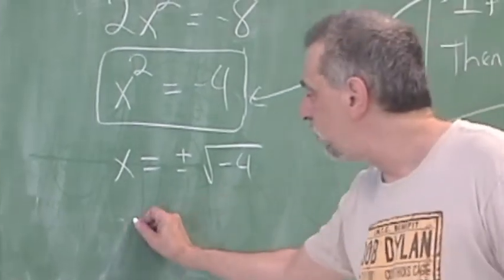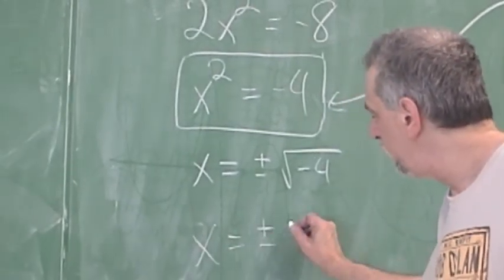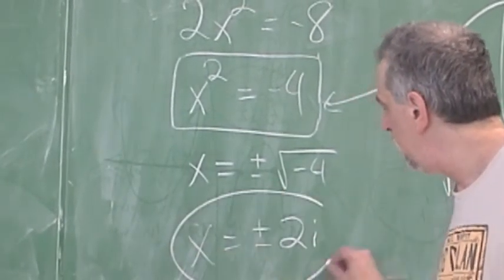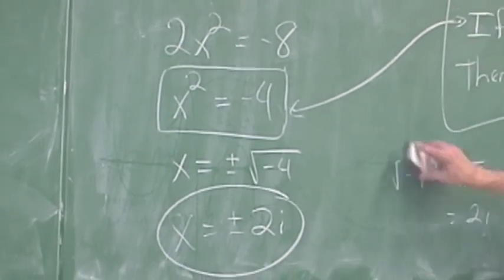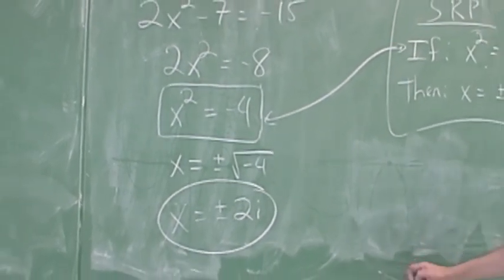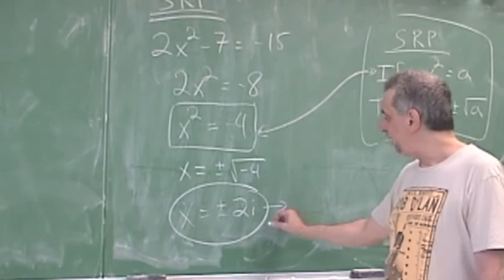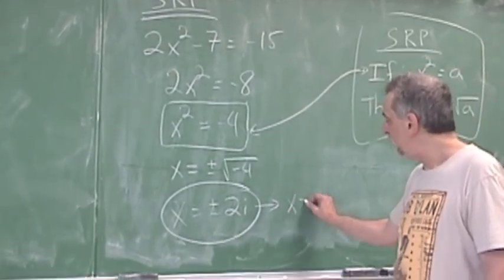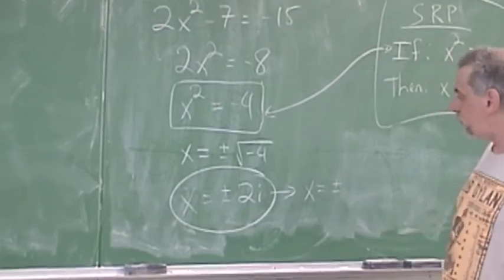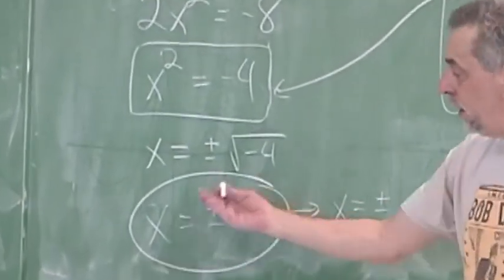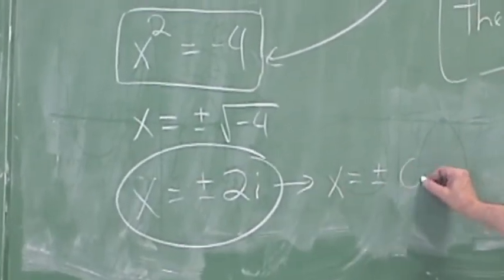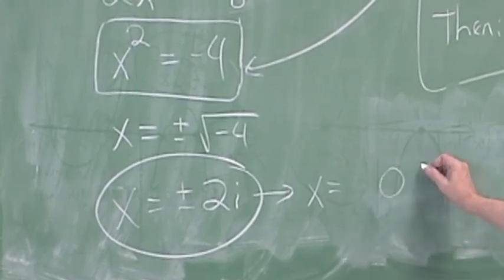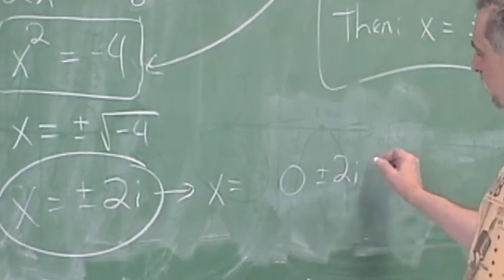So this is plus and minus 2i. And remember in section 1.4, we said many times we want to express our answer in the standard form of a complex number. So just to be completely correct, we have no real part of this number, so we can say 0 plus and minus 2i.